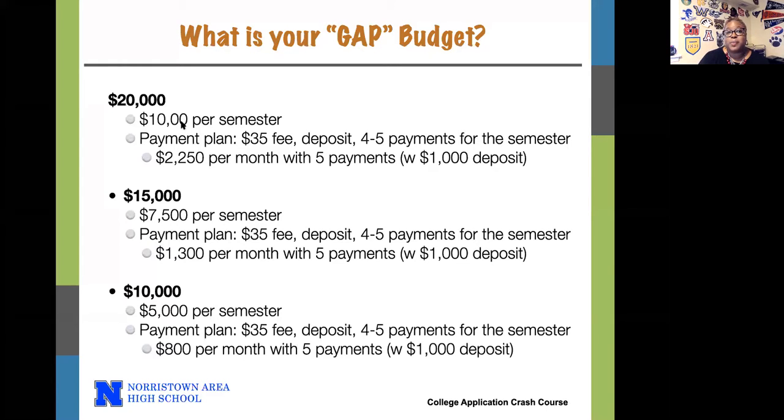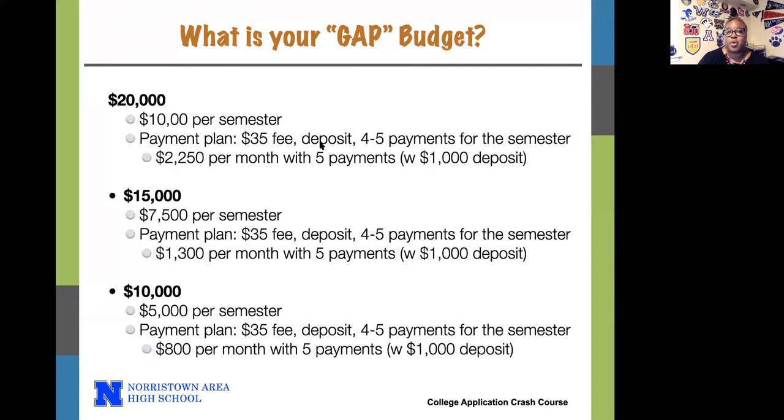So that means you will be paying $10,000 per semester. And if you decide you want to do a payment plan, you have to pay approximately a $35 fee, make a deposit, and then they're going to split your payments up to 4 to 5 payments for the semester.